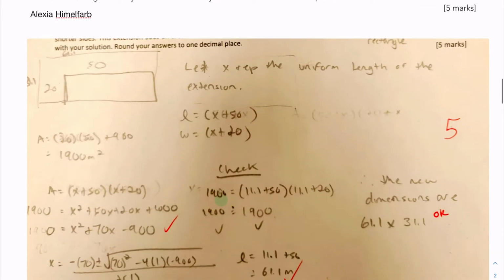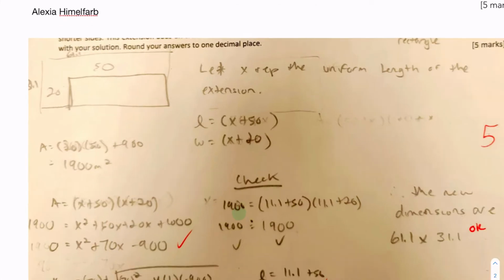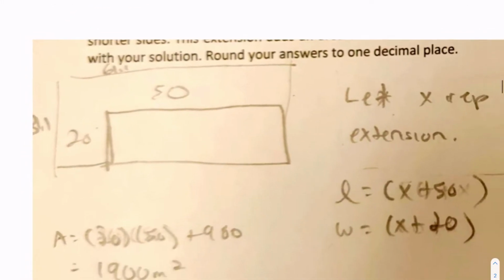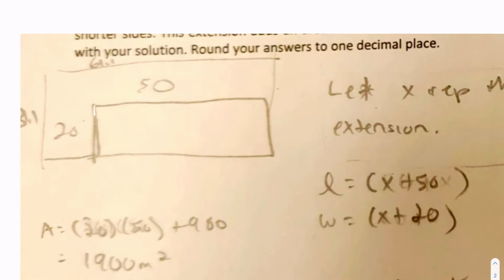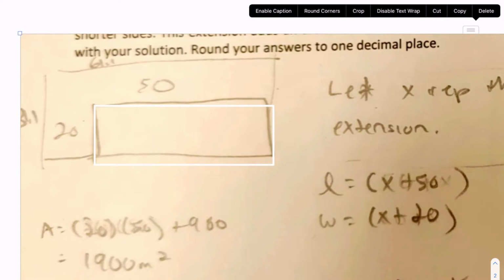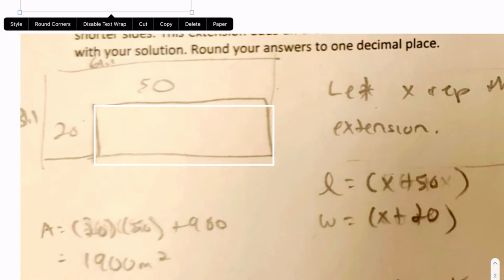Very well done. Beginning with the actual diagram, it was a rectangular shape, so that's what she drew over here. She has this rectangular shape, and the uniform width is being added on each side.